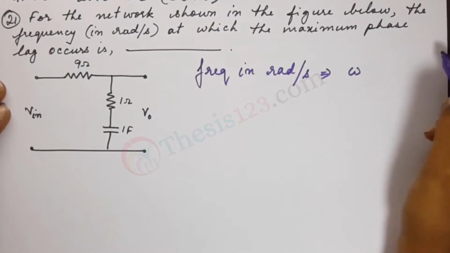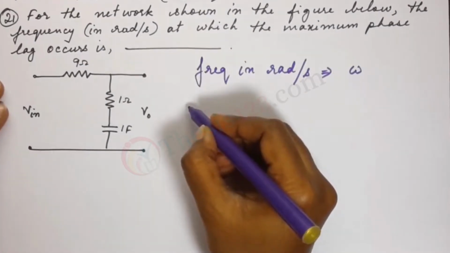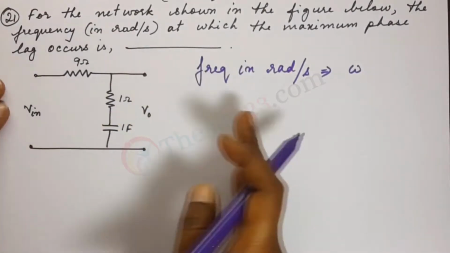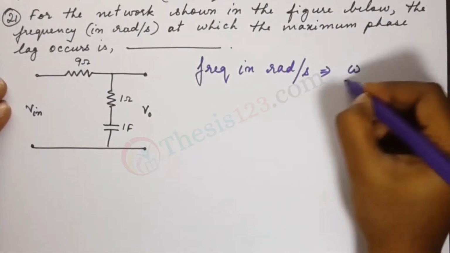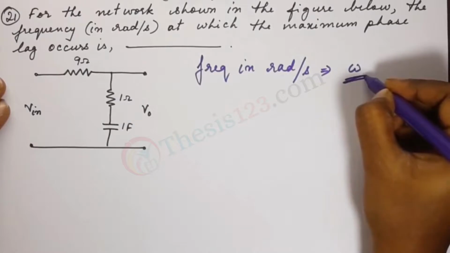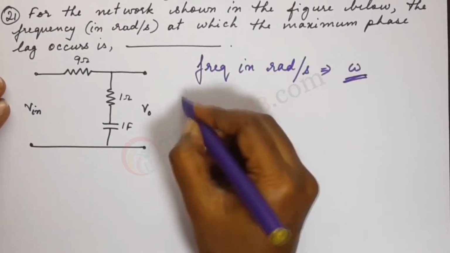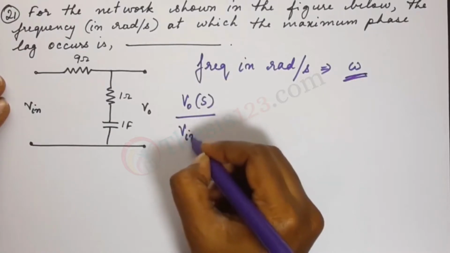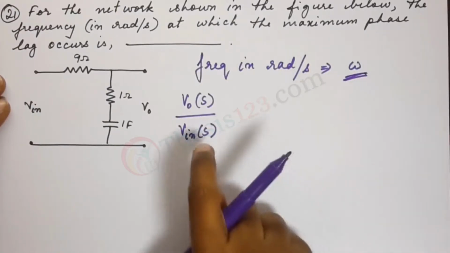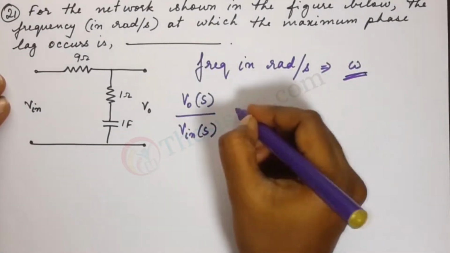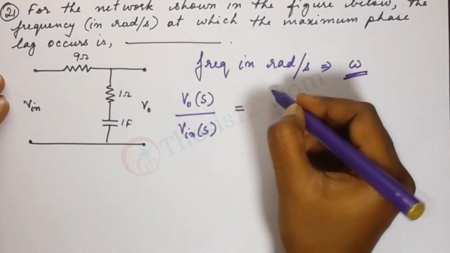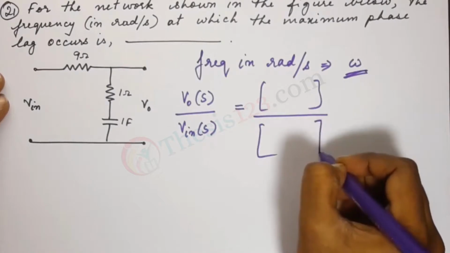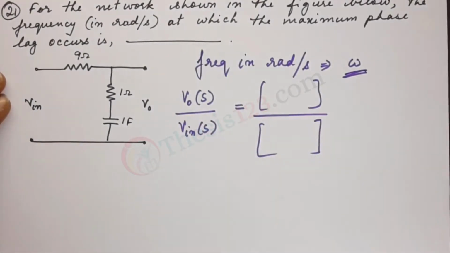And in order to do that, we would first need the ratio of the output to the input in terms of S. So that will help us find out what the angular frequency is. So V naught of S by V in of S is what we need to find out first. Now let's look at the output here.